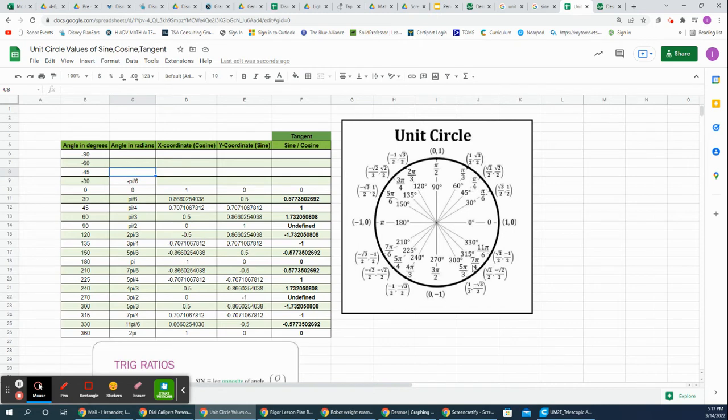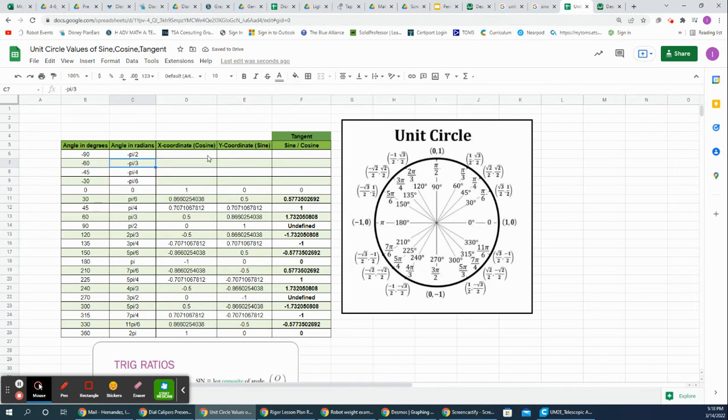So negative 45 degrees is negative pi over 4. Okay? 60 degrees is pi over 3. So again, this is going to be negative pi over 3. And then negative 90, if 90 is pi over 2, then what's negative 90? That's negative pi over 2.